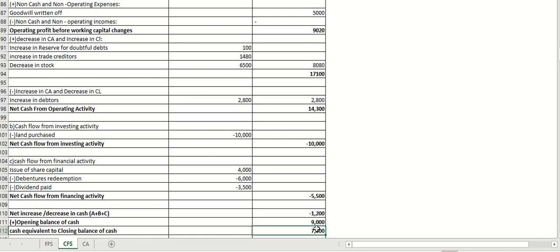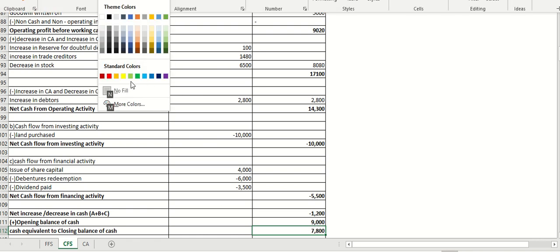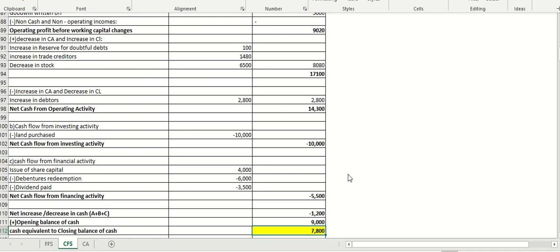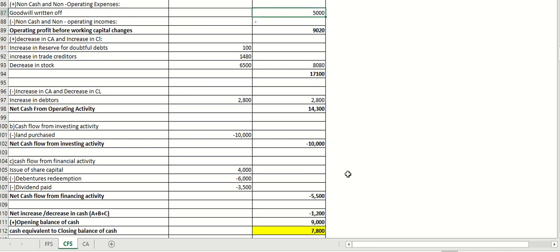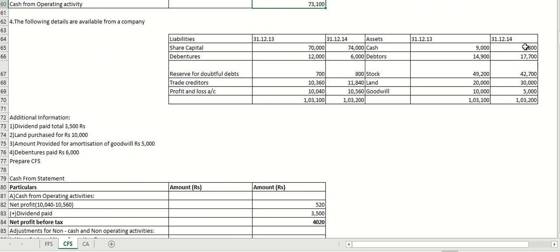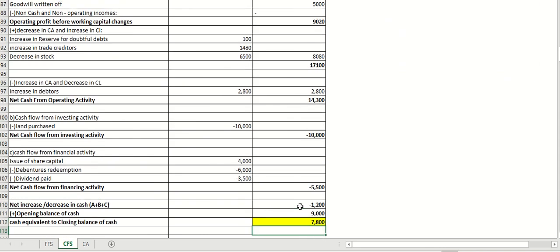So if you see, we are getting the resultant figure to be 7,800, which is absolutely equal to your closing balance. So if you add your net increase or decrease with the opening balance of cash, the resultant figure should always be equal to the closing balance of cash. Only then the statement is correct.